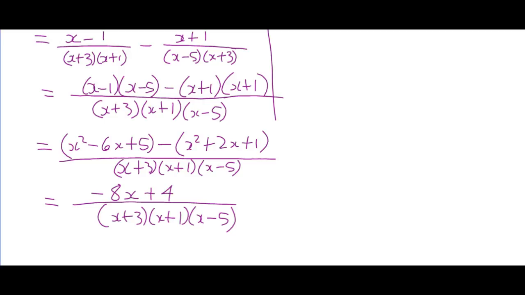So you can take off the brackets. Now, we would say to ourselves, hey, you can factor the negative 8x plus 4. And I say to you, you should do that if you can cancel one of your factors with the stuff on the bottom. Can you? No, right?